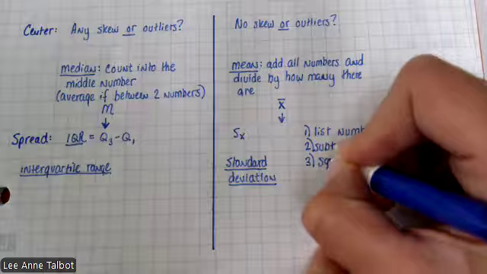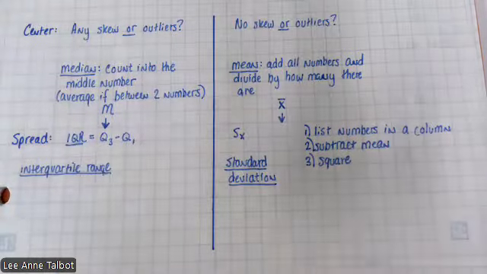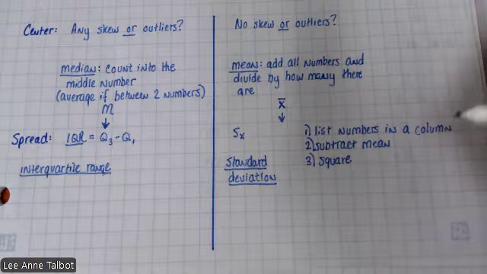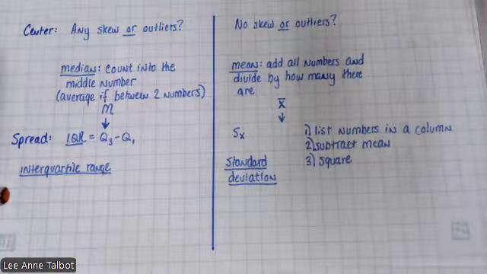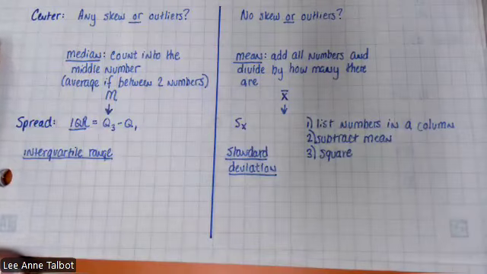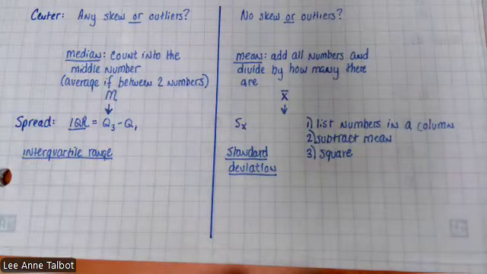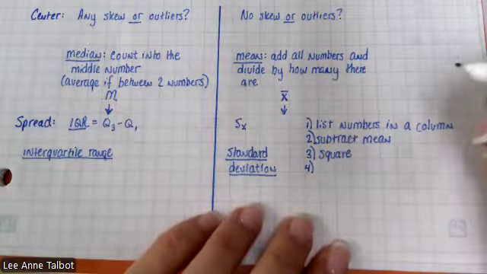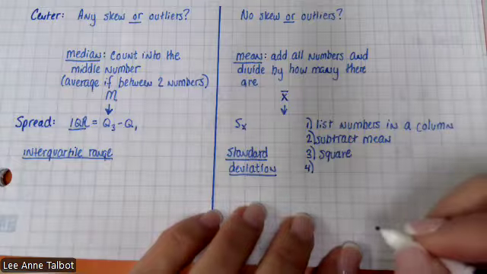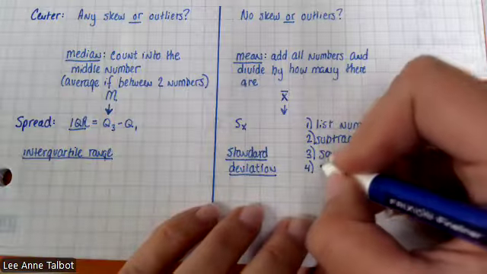Step 3: square all of the numbers. One of the things you're going to notice in stats is that they don't like negatives. Yeah, with a very small data set. We're going to practice it after this. Step 4: add them all together.